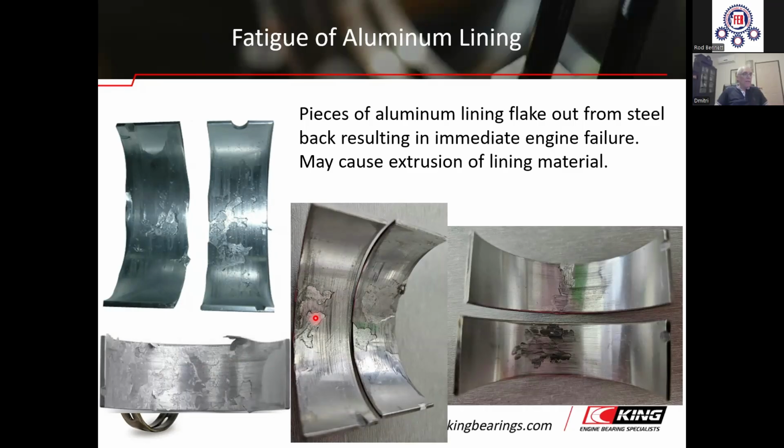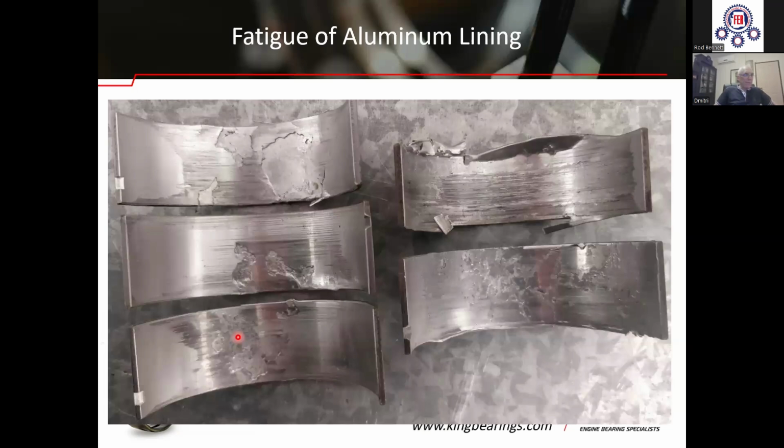And in addition, in aluminum bearing, excessive loads cause an extrusion of lining material beyond the bearing edges. Like here, you can see that the bearing material extruded out of the bearing edge, and also here. Other examples of fatigued aluminum bearings: missing fragments of the lining, and heavy extrusion of the aluminum lining out of the bearing edges.